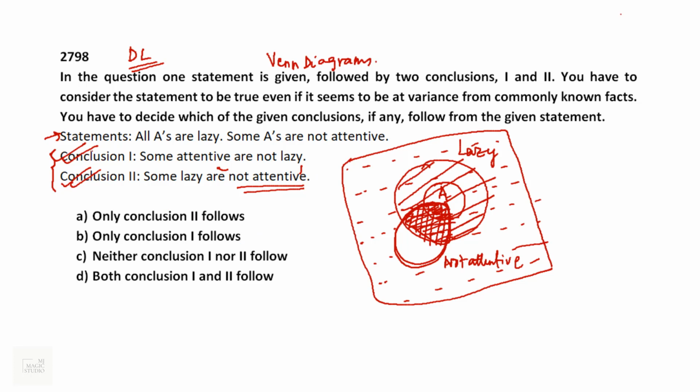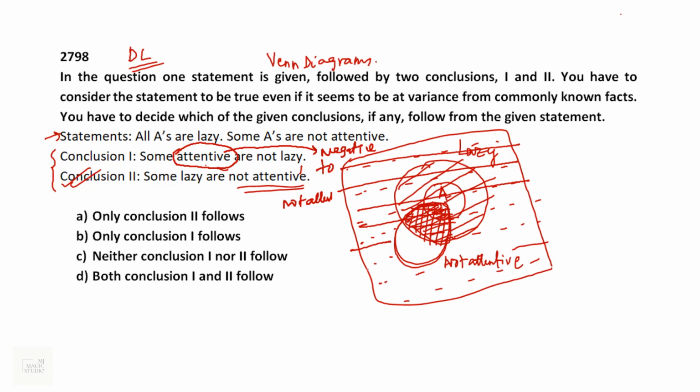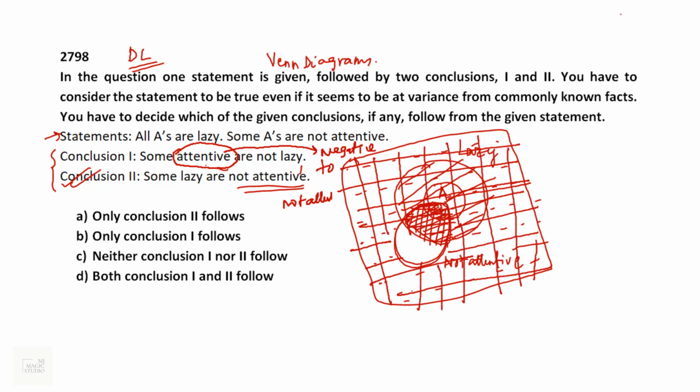Now again, if you have some confusion on conclusion 1, let's see it once again. Some attentive. Attentive means a set which is the negation of the not attentive set. If this is the whole set, the set outside the not attentive set is attentive.